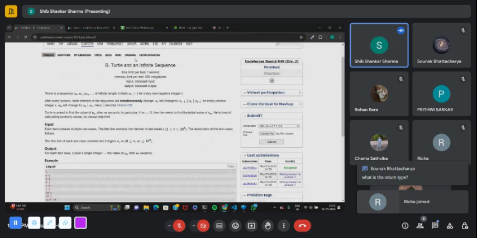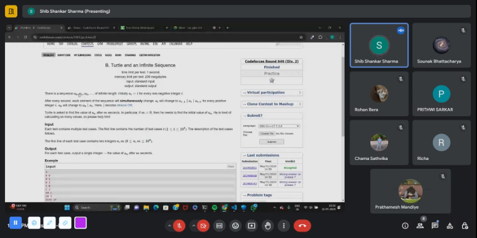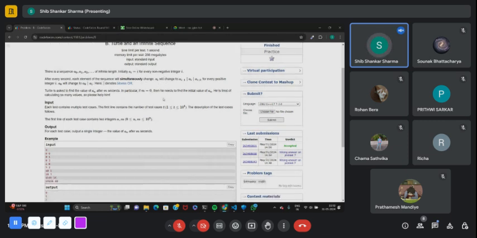So, Turtle and an Infinite Sequence. There's a sequence a0, a1, a2 of infinite length, and initially ai is equal to i for every non-negative integer i. After every second, each element will simultaneously change. So ai will become ai minus 1 or ai or ai plus 1, using bitwise or.